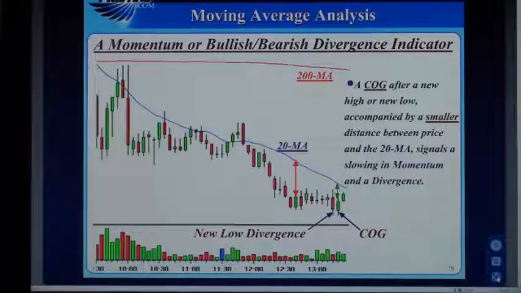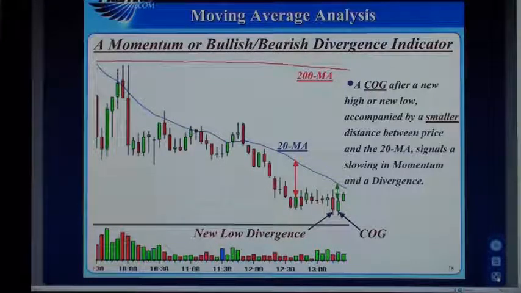And you can look at the distance between the current prices and the moving average after a new low in a downtrend, or just look at the distance between the current low and the low that preceded it and the one prior to that. If the lows are getting closer together, the momentum is slowing down, and you're beginning to get what's known as a bullish divergence in a downtrend.